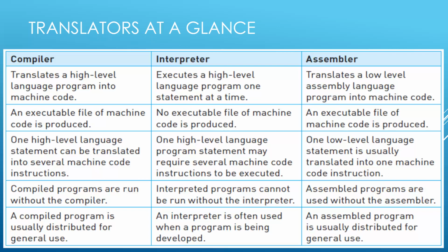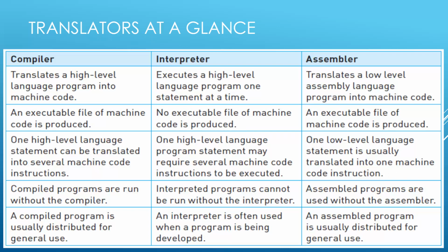Any ambiguity, any questions? Okay, that's wonderful. Now, a question can be raised. Is there any similarity that you can figure out between a compiler and an assembler? Okay, that's great. Point number 2, and point number 4, and point number 5. That's great. So these points are the similarities.